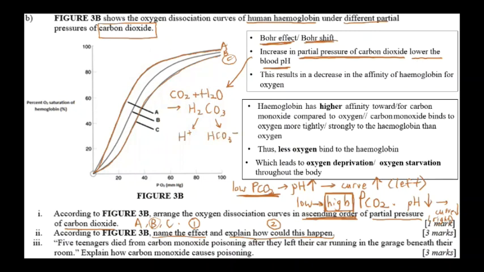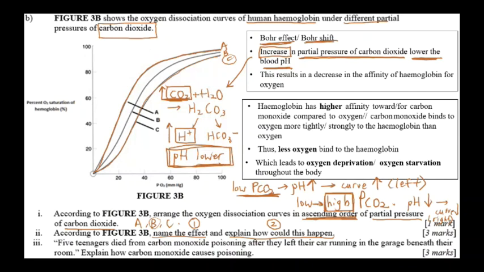What happens when the concentration or partial pressure of carbon dioxide increases is that it will also increase the hydrogen ion concentration, which then lowers the pH in the blood. And this is what we call the Bohr effect. Increase in partial pressure of carbon dioxide lowers the blood pH.